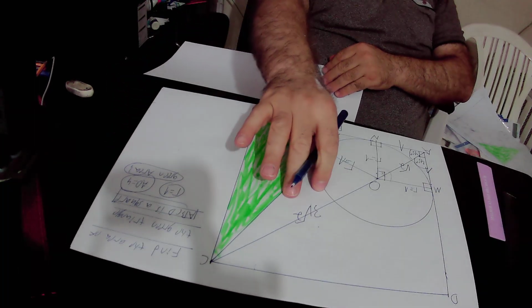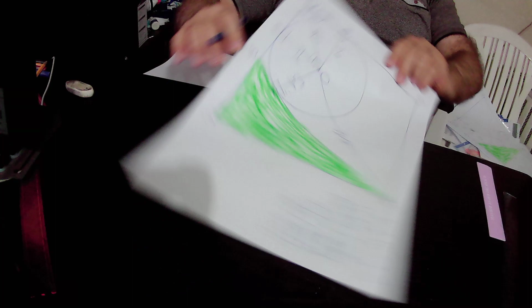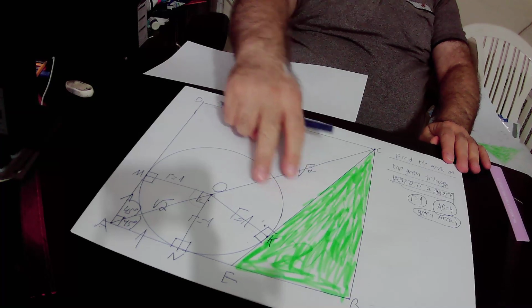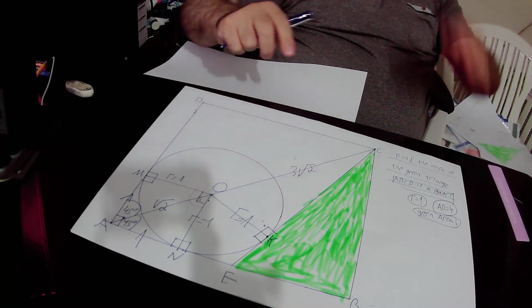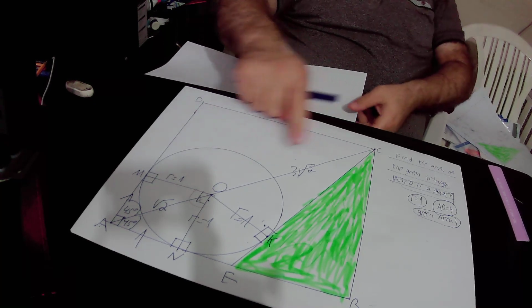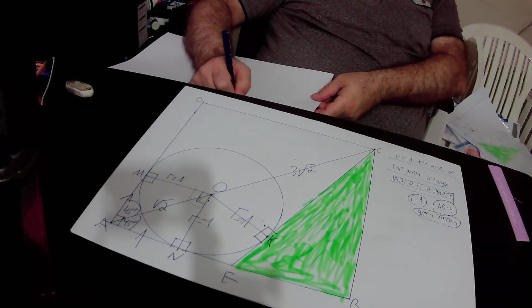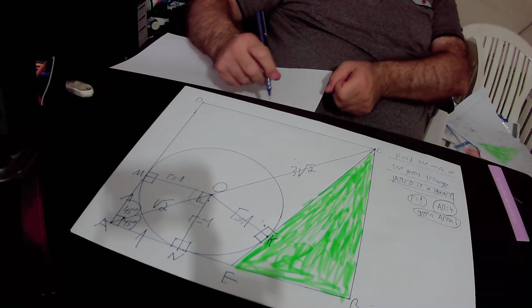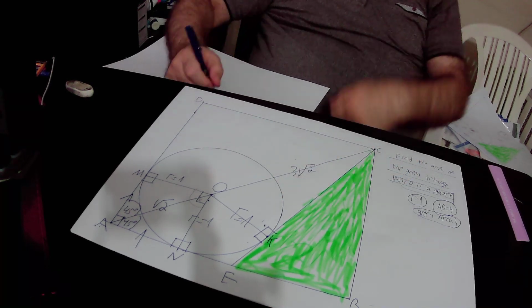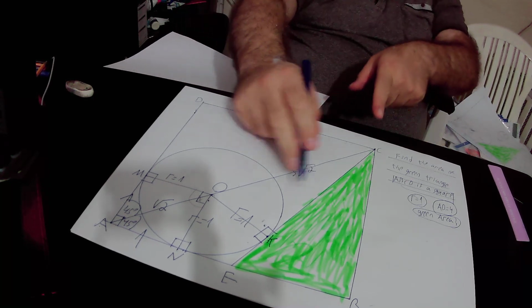If we focus on this right triangle, triangle COK, the hypotenuse is CO. So the square of the hypotenuse is CO square. And it equals the sum of the squares of the perpendicular sides. That is to say, it equals OK square plus KC square.